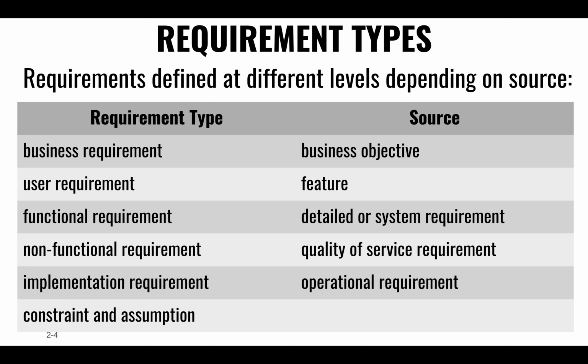And at each level of the requirements gathering process, we're always checking whether these requirements at different levels conflict, or if they're consistent. Maybe what the user is asking for has nothing to do with what the business wants to do, or the business wants to go in one direction, but the users are asking to go in a completely different direction. Maybe the business wants to spend a lot of money implementing a feature that no one's going to use.